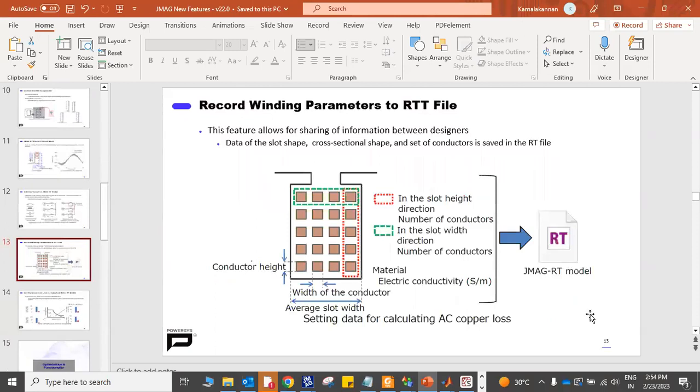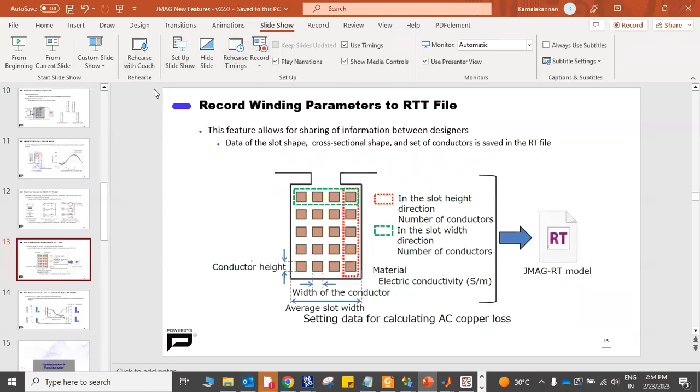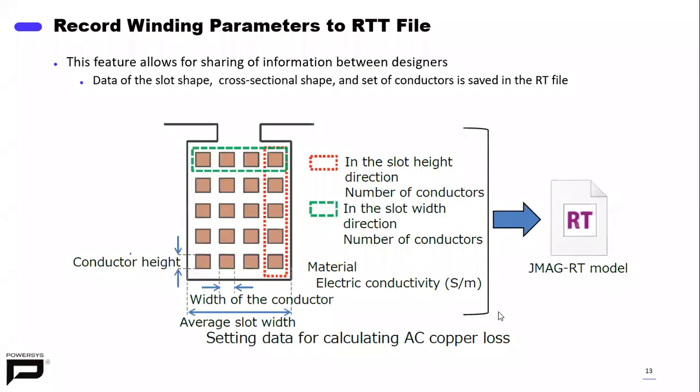And regarding the JMAG RT model, there is now more information given in the RT model, because if different users come into the picture, everyone can see it, especially the slot width and the conductors in each slot, in terms of the conductor height direction as well as the width direction.